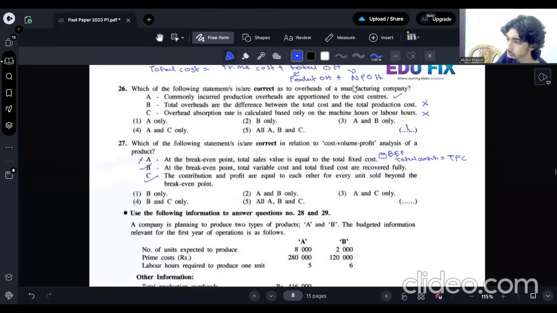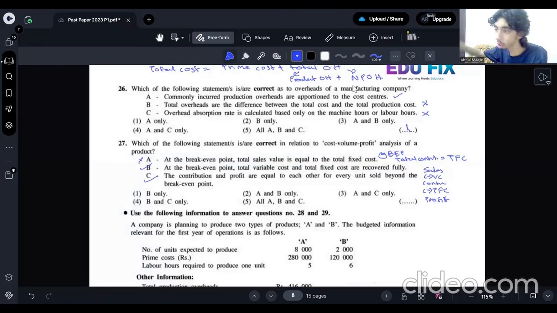Correct. Okay. So, sales minus variable cost will give you contribution. Contribution minus total fixed cost, you will get the profit. At break-even point, your total contribution equals total fixed cost. So at break-even point, all your costs are covered.